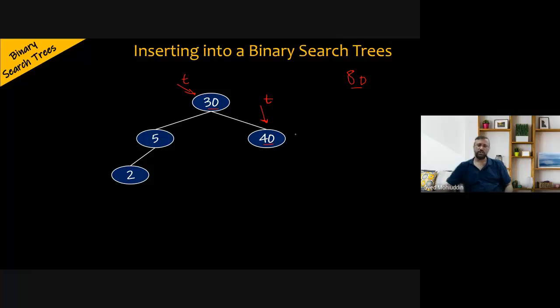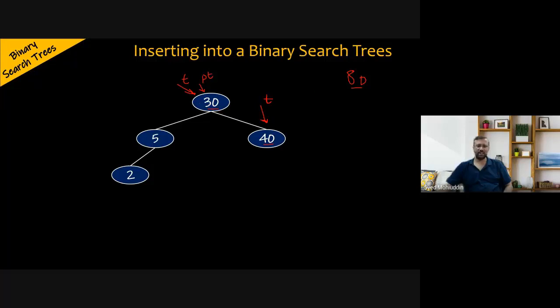So what we do is, initially we start with t, let's say t itself. We will have another variable, pt, which will also be pointing to the root node. Then we check whether the key 80 is equal to, less than, or greater than. In this case, it is greater than.